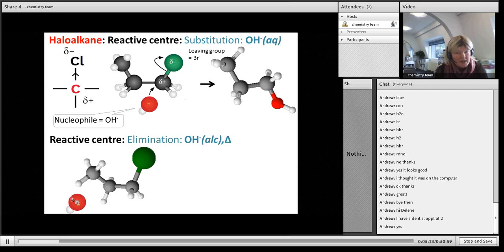What I do here is it's an alcoholic solution, so I've removed the water because all I want is an OH to take away something that's not very reactive at all.